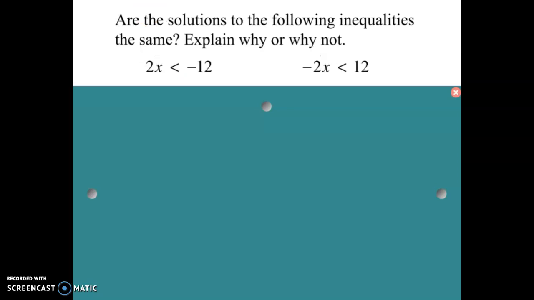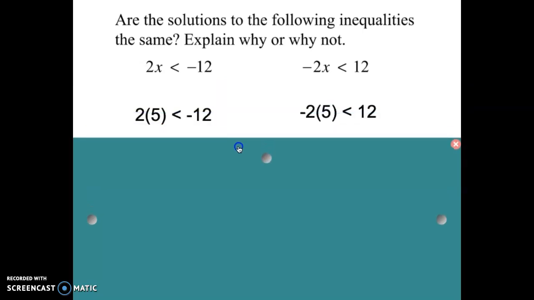All right. So, are the solutions the same to the following equations? In other words, will a number be the same? So what we want to do with these is we really just want to take a value and substitute in for x. So I chose 5. And are the solutions to the following inequalities the same?